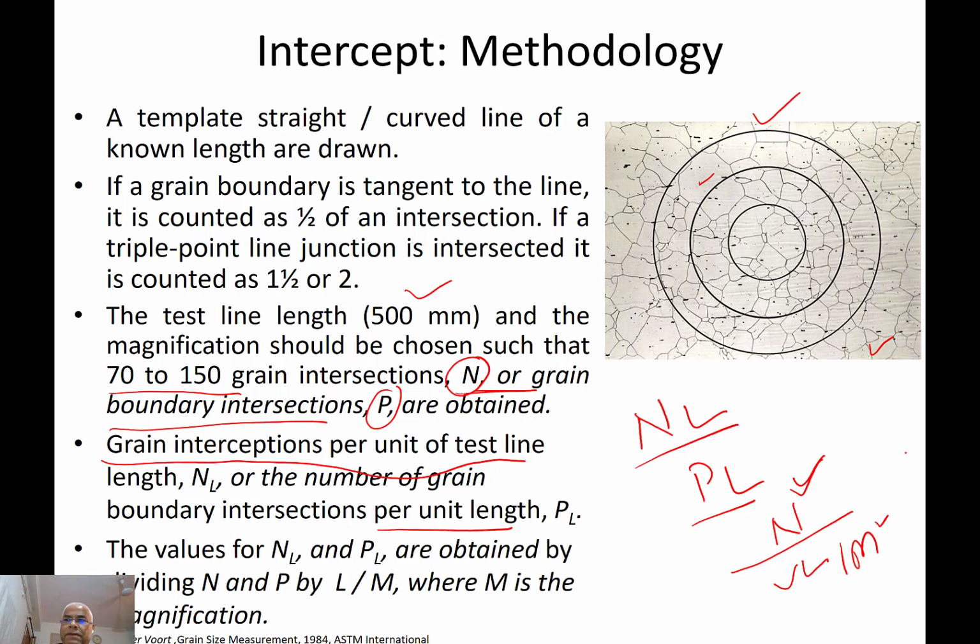This is similar for grain boundary interceptions. P we count, then divide by the length of the test line divided by magnification. So this is used to calculate PL, and this is used to calculate NL. That is the number of grain interceptions per unit length or the number of grain boundary interceptions per unit length.